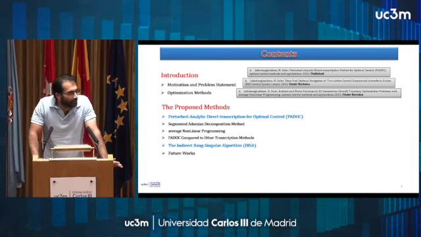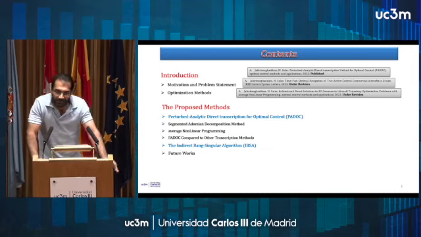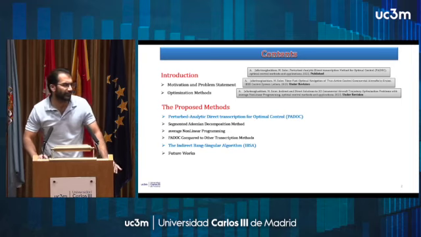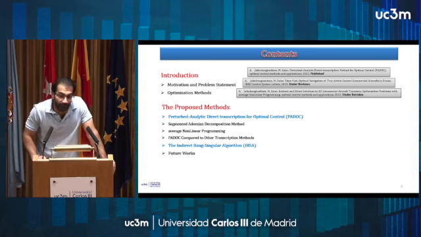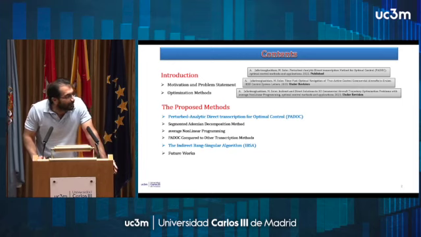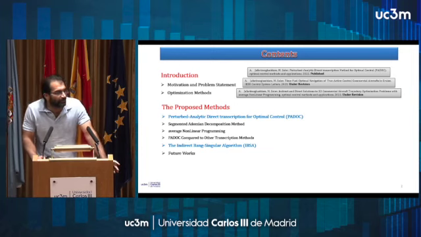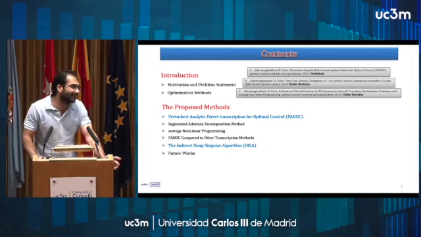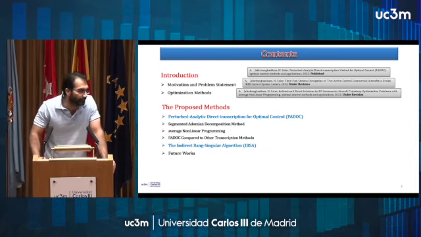In this presentation, I'm going to talk about motivation and problem statement, optimization methods, and the methods that we have already proposed. One of them is called perturbed analytic direct transcription for optimal control, or PADUC. After that, I'm going to talk about the building blocks of PADUC, which are the segmented Adomian decomposition method and a technique called average nonlinear programming.